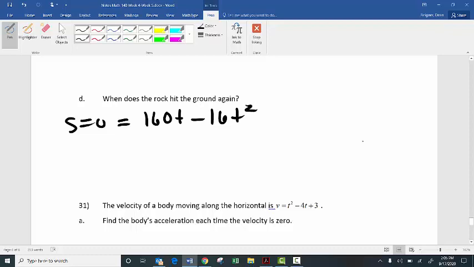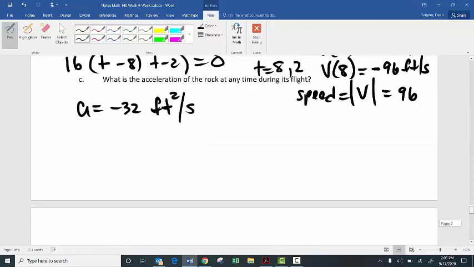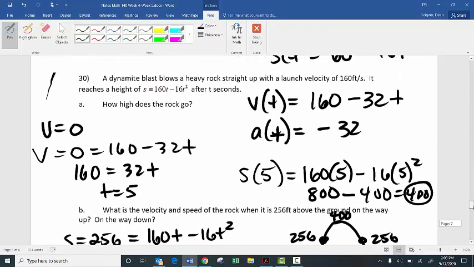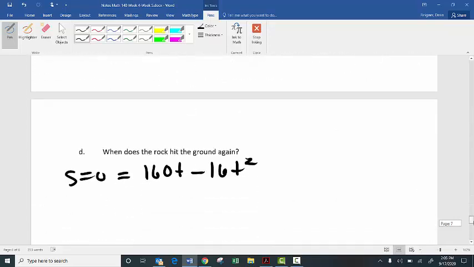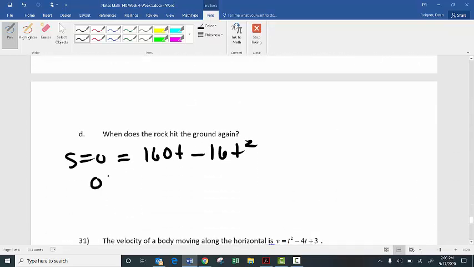Let's check, make sure that's correct. Yep, minus 16t squared. So you set it equal to 0 and factor out a 16t.